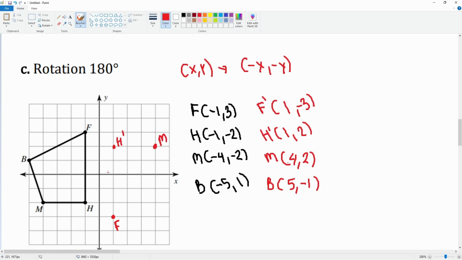And B, which is 5, 1, 2, 3, 4, 5, down 1. Yeah, that looks good. All right, and now let's just connect it. All right, that looks good. All right, that is C.